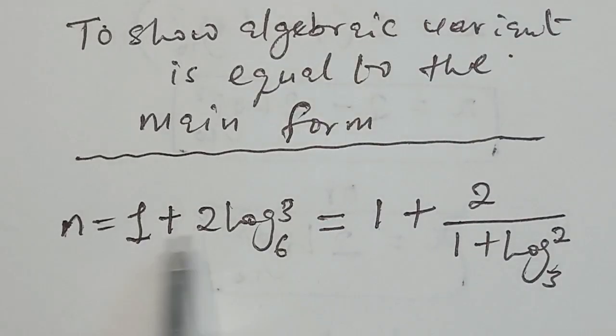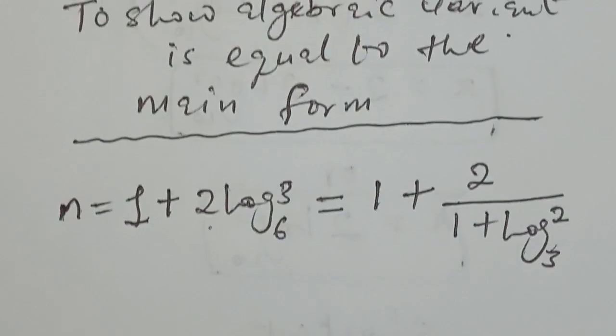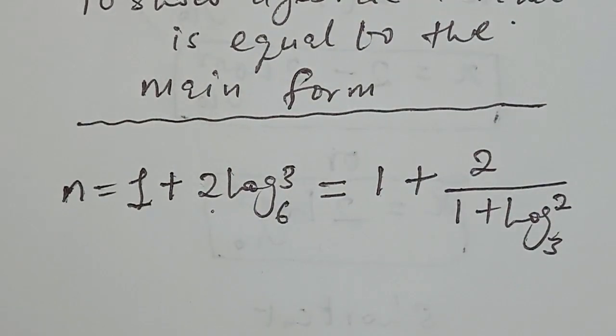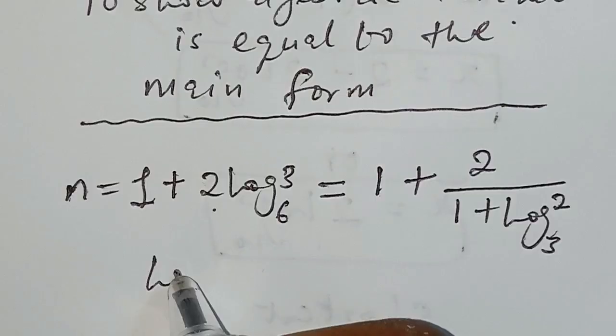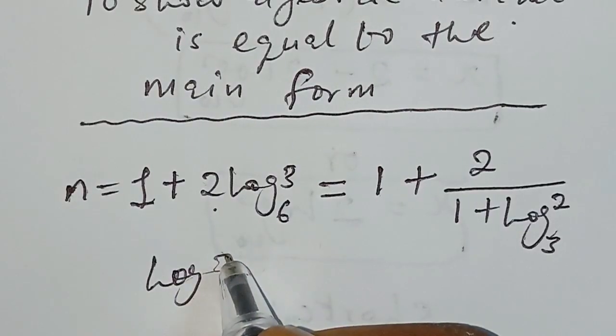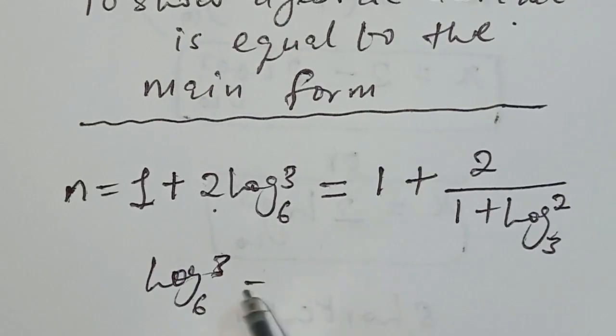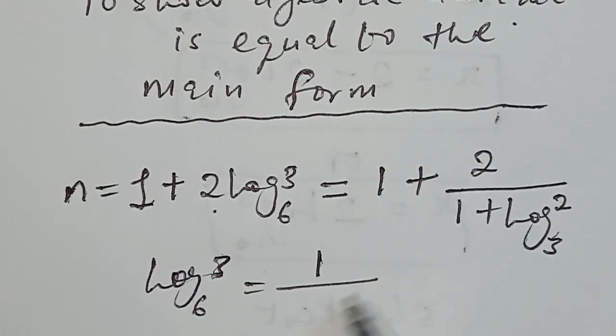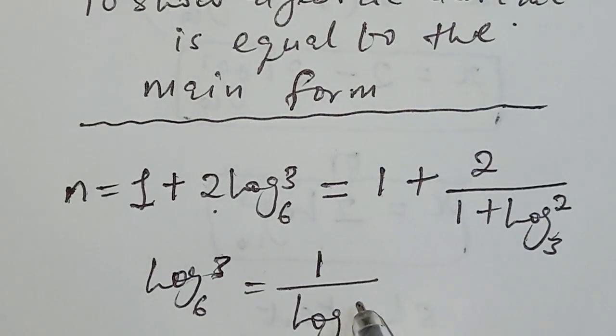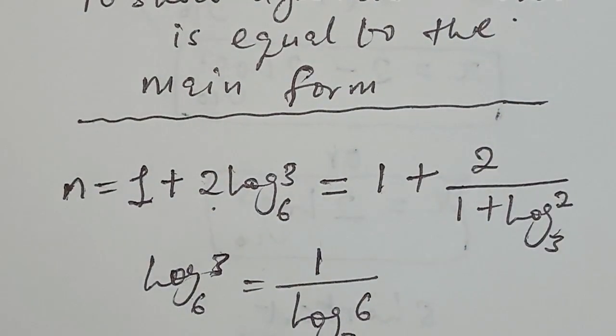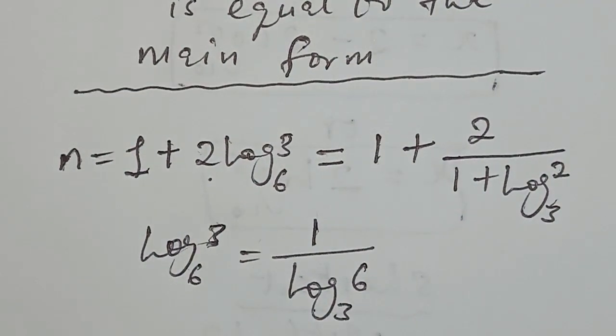So we want to show how this is equal to this, by change of base. First, we need log 3 base 6, which is equal to 1 over log 6 base 3, which we have earlier.